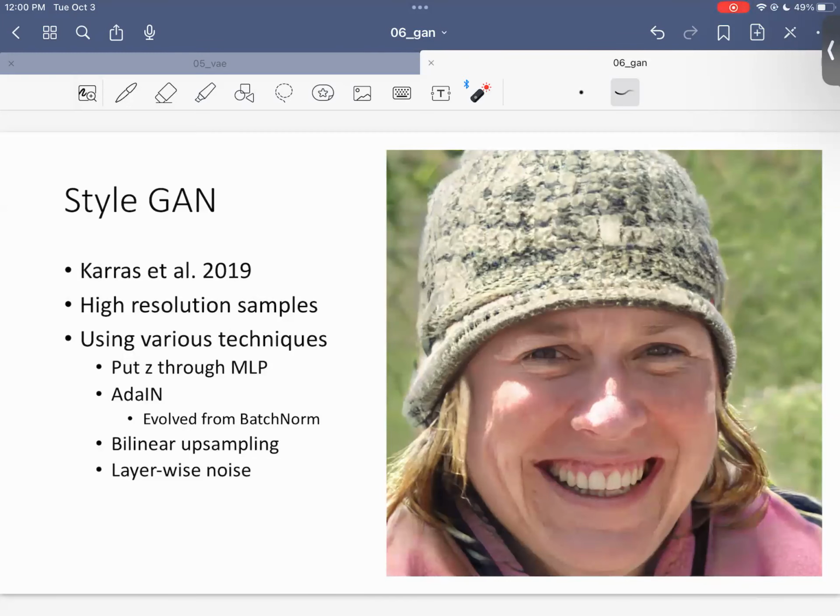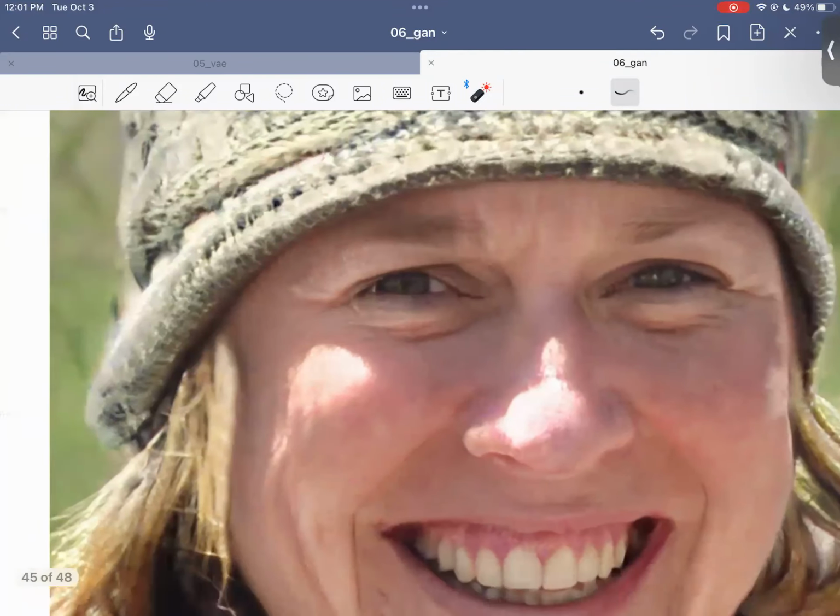So you manipulate the Z so it looks nice enough to feed into G, and then there's AdaIN, which is adaptive instance normalization. This is also a strong contribution coming from StyleGAN. And bilinear upsampling, layer noise, there are a lot of different techniques to make this kind of image happen. So this is extremely high quality, right?